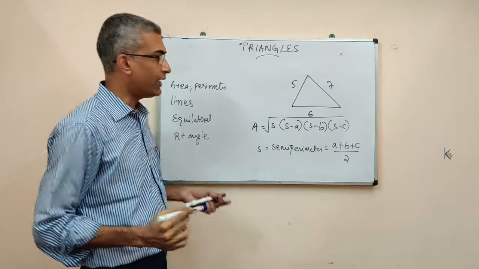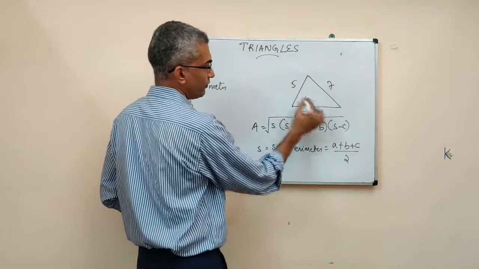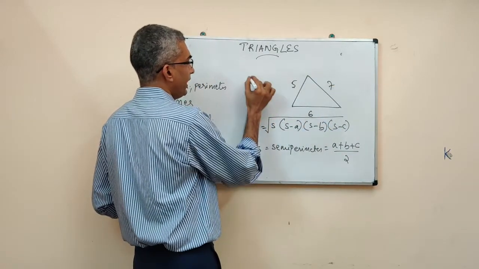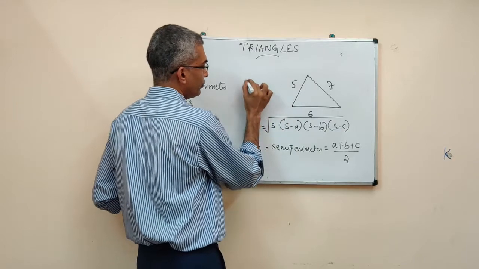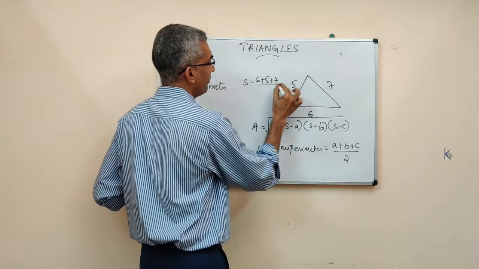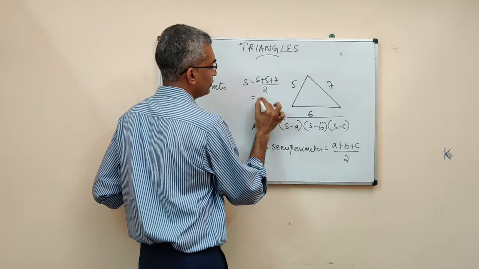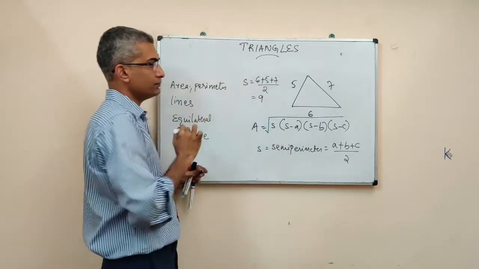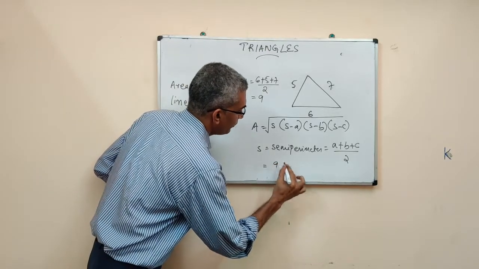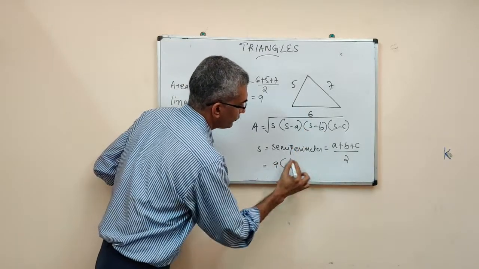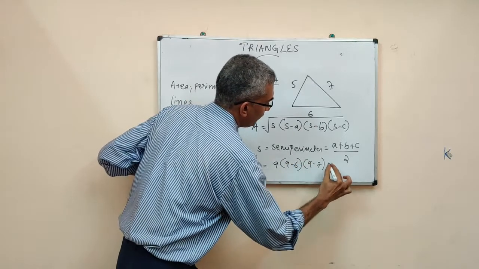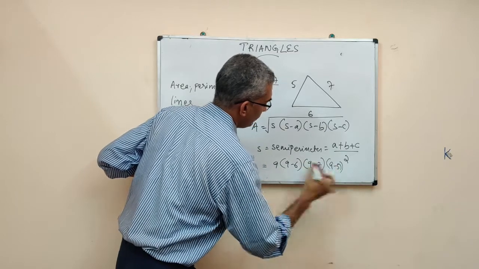So in this case, the area will be, what is S? First of all, find that. 6 plus 5, 11 plus 7, 18 by 2. So S will be 6 plus 5 plus 7 divided by 2, which is 9. So it will be the square root of 9 into 9 minus 6, 9 minus 7, 9 minus 5.